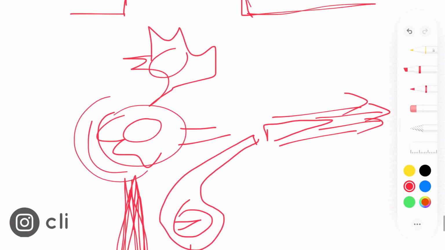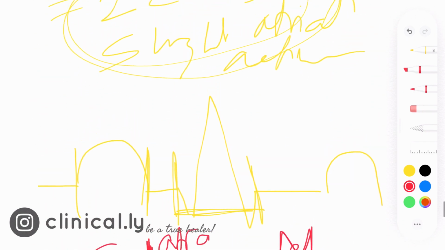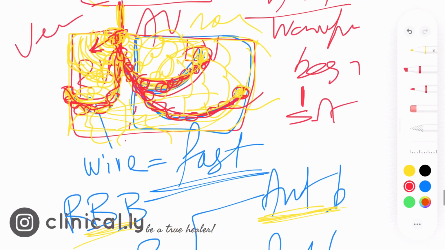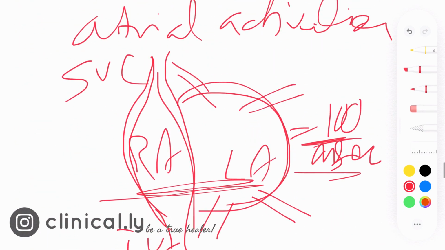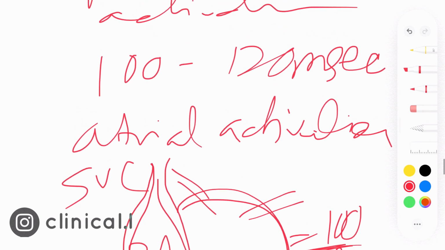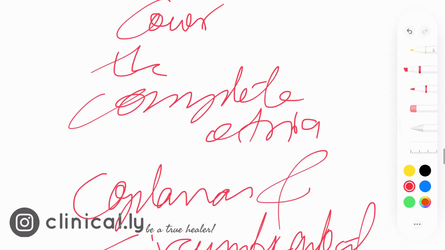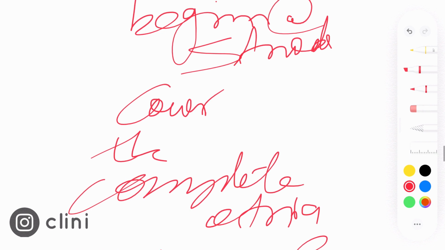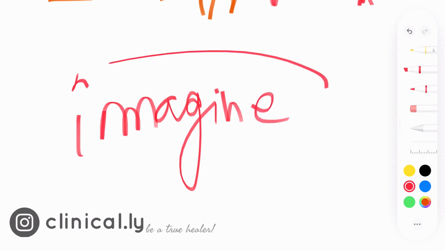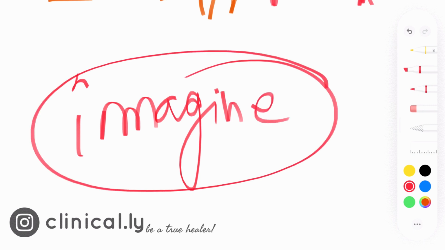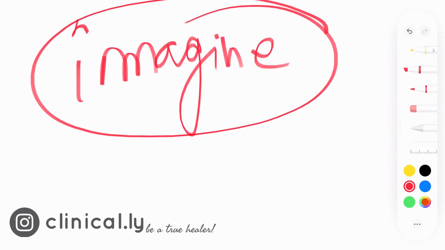So I hope the logic that I am trying to convey to you, you are getting it and understanding it. Give some time to yourself, try to digest the information, and use your imagination to go directly into the heart and see how things are working, why things are working.